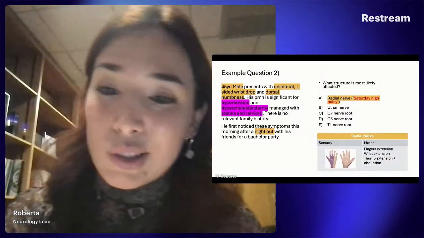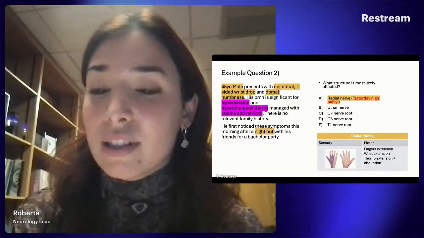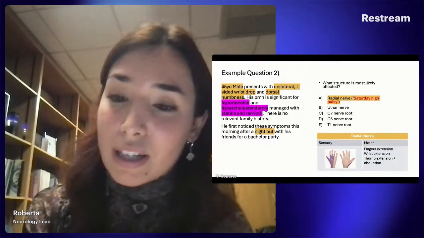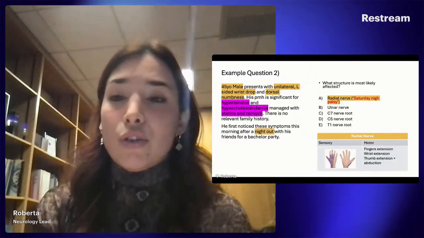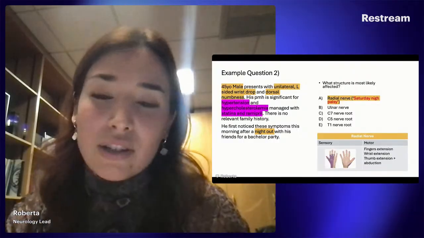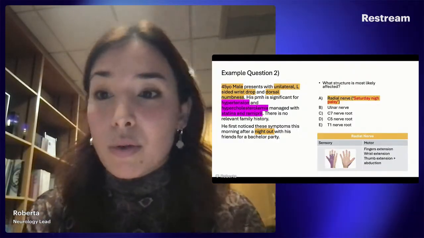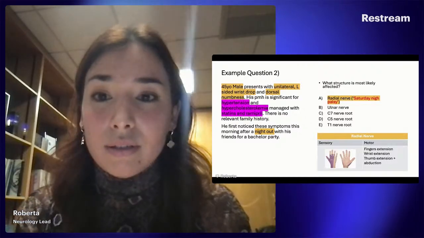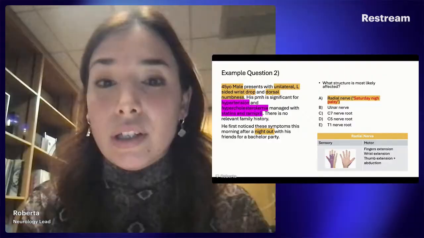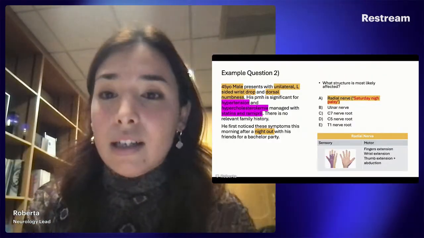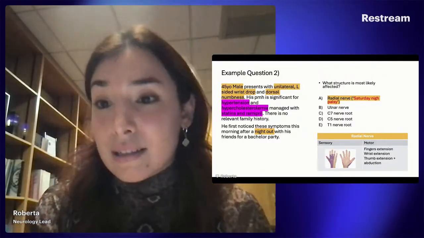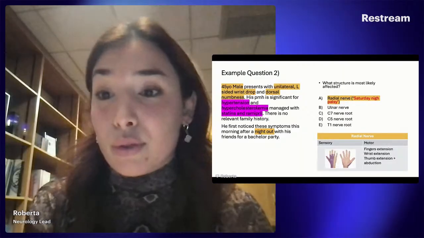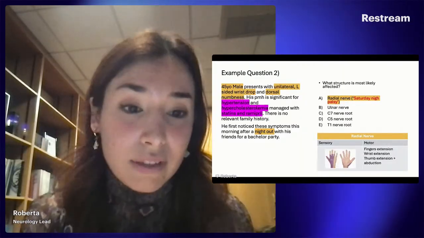And then it tells you that these symptoms have occurred this morning after a night out. So actually, I think most of the information for this question is in the top paragraph, which tells you the motor and the sensory defect. And in this case it is wrist drop and dorsal numbness only on the left side.